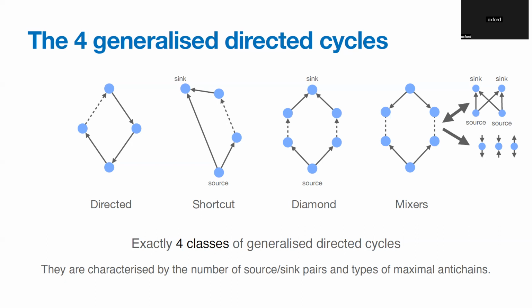And what I mentioned about the mixers being slightly different is that, of course, as you increase the number of nodes in your cycles, you can keep flipping edges to create pairs of sync nodes, pairs of source and sync nodes, right? So the mixers is essentially a class where you can have any number of source and sync pairs, but in a way that mixes the information.